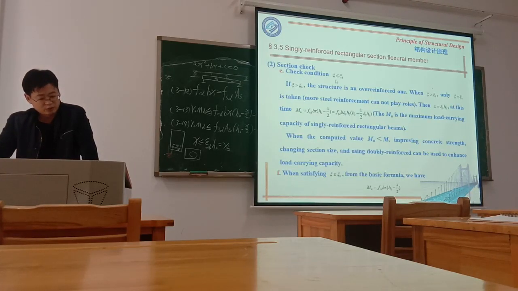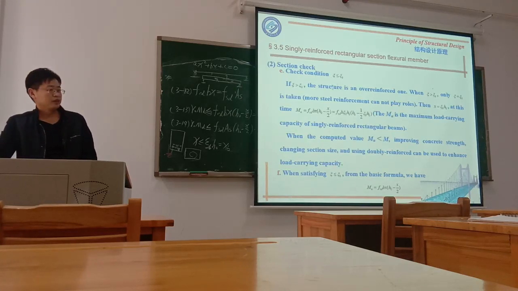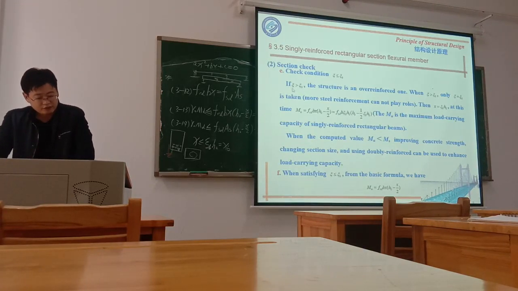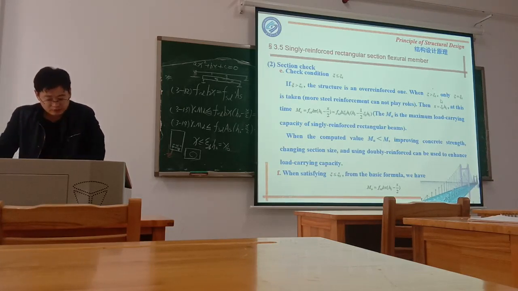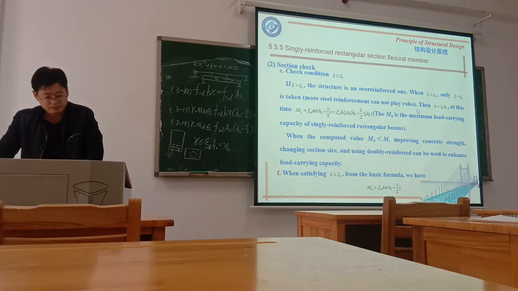Check the condition xc smaller than xb, which is equal to x smaller than xb. If xc is larger than xb, that means the structure is over-reinforced. When xc is larger than xb, only xc equal to xb is taken. Most of the steel therefore cannot play its role.